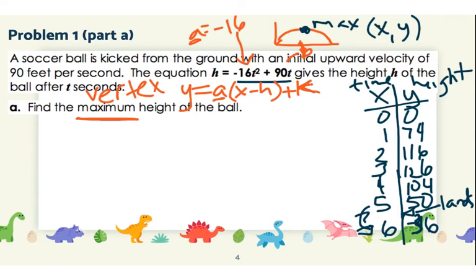Okay. So now, vertex form. How do I get this into vertex form? I think what I'm going to do is I'm going to use complete the square. Yep. So negative 16t squared plus 90t, okay.